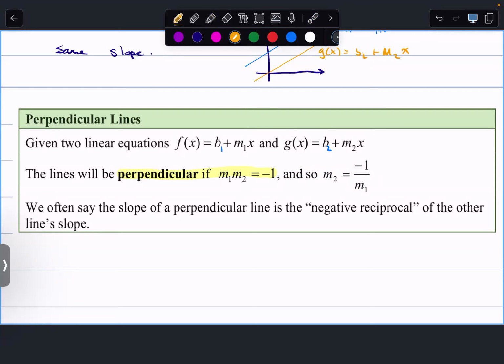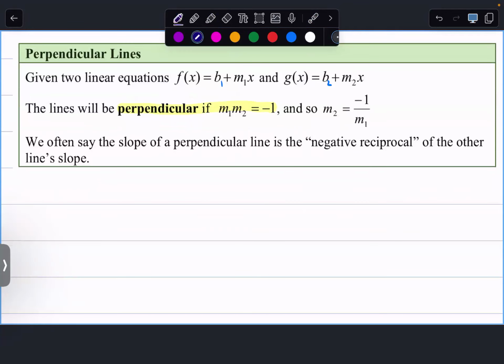So let's see here, what does a perpendicular line look like? Well, I might have something like this. F of x is b1 plus m1x. And perpendicular might look something like this. G of x is b2 plus m2x.